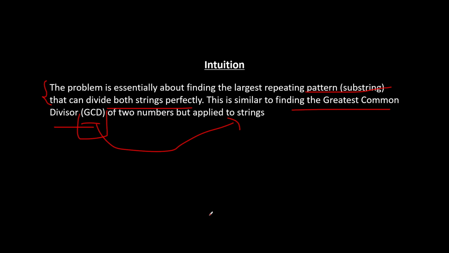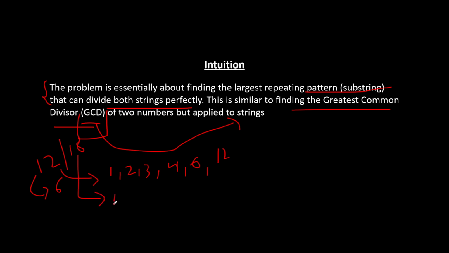Let's take the GCD of two numbers, which are 12 and 18. GCD is 6. How? Let's see. Factors of 12 are 1, 2, 3, 4, 6, and 12, right?